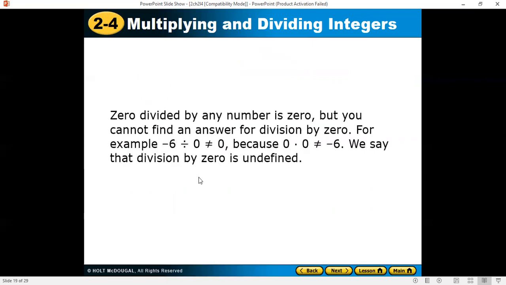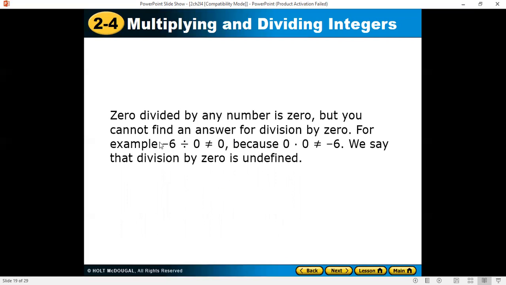Now we want to talk about 0 divided by any number is 0. But you cannot find an answer for division by 0. For example, negative 6 divided by 0 does not equal 0, because 0 times 0 does not equal negative 6. We said that division and multiplication undo each other.